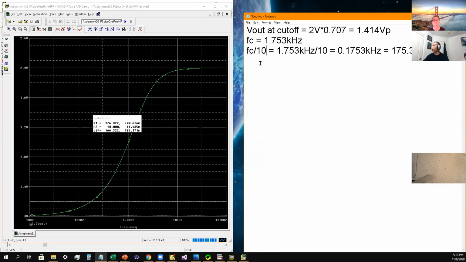At that point, V out would be equal to V out at FC over 10, equal to 200 millivolt. That's pretty much it.